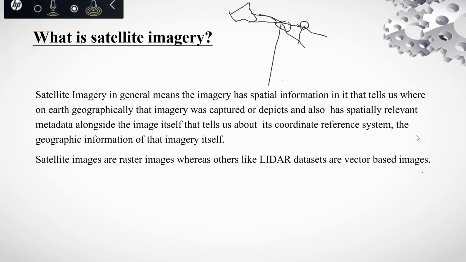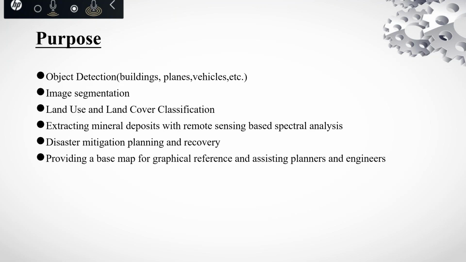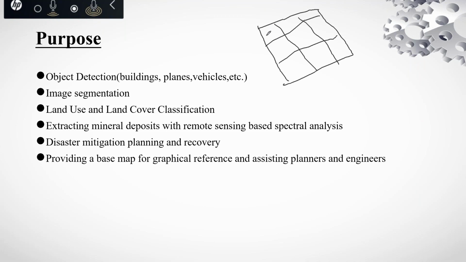So the purposes of satellite imagery analysis are these. One of them is object detection, which can be used to detect various objects like buildings, planes, vehicles, or valleys, etc. Image segmentation can be used to differentiate between various parts. Suppose we have this image. Suppose this is agricultural land.